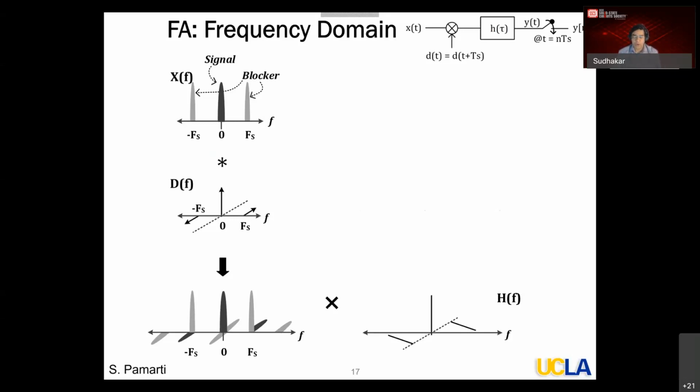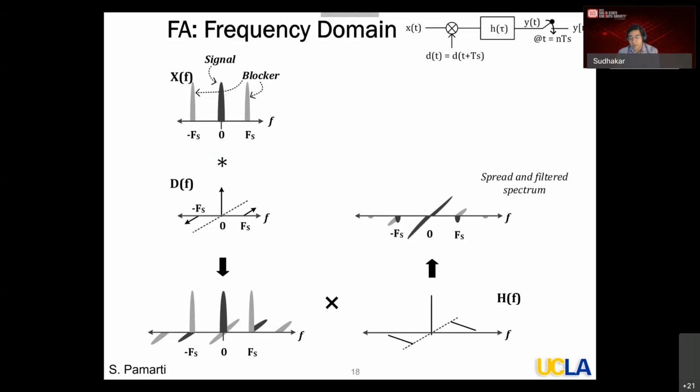So filtering is multiplication in the frequency domain. So what happens is that the various copies of the blocker at various frequencies are all differently attenuated by a different amount. This is frequency selective. And now if I sample, again, these residual copies will fall on top of each other.